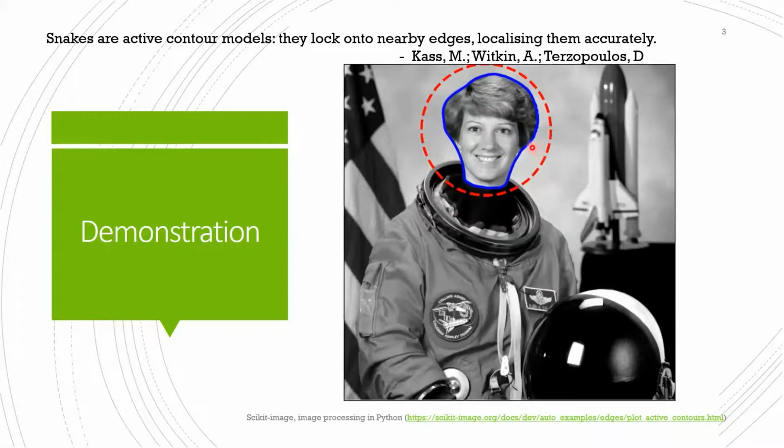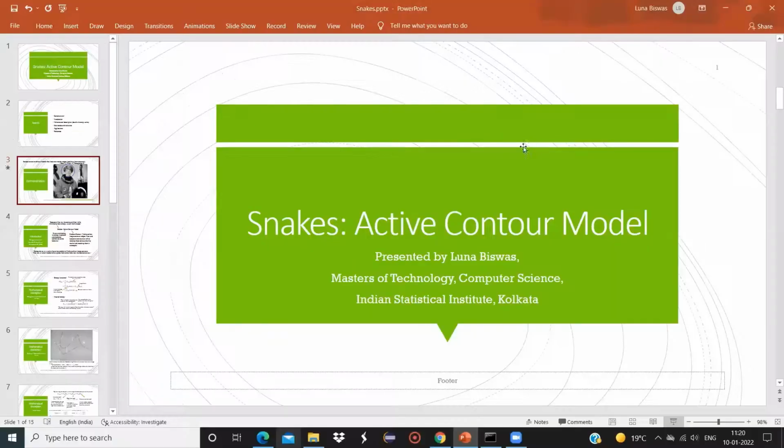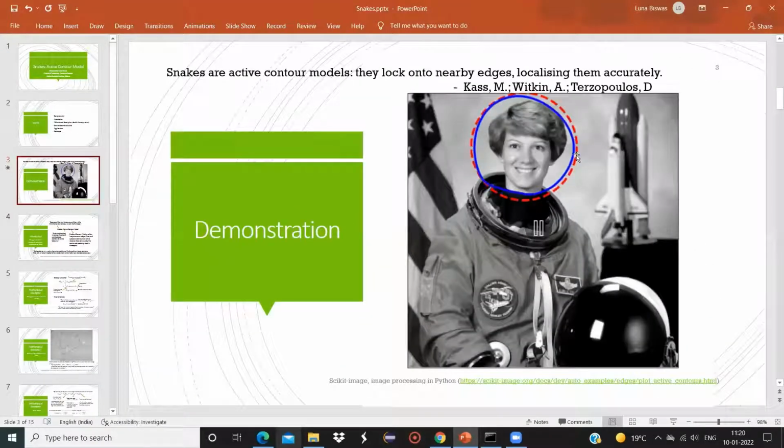I'll just run it. Not running, I will run it from here. It has started from here, it has localized some portion, and now it is localizing the others. Finally, it has stopped here.